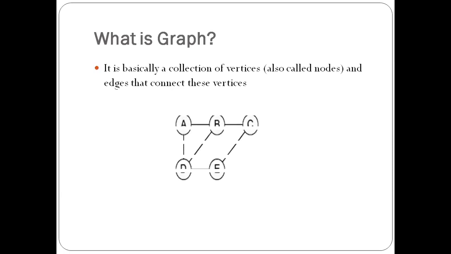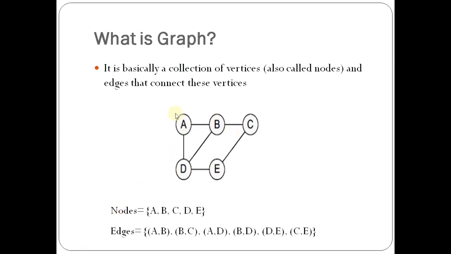Now if we consider an example of a graph, in the given example A, B, C, D and E denote the nodes of the graph, and the links that connect the nodes are called edges.